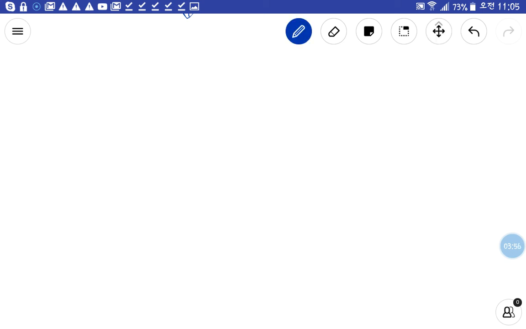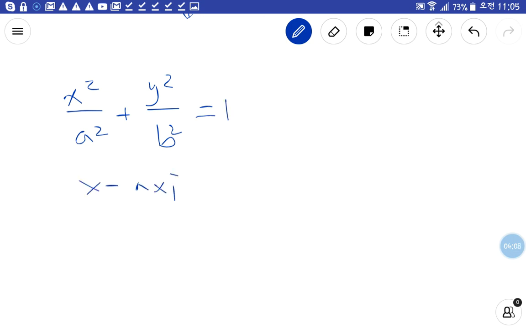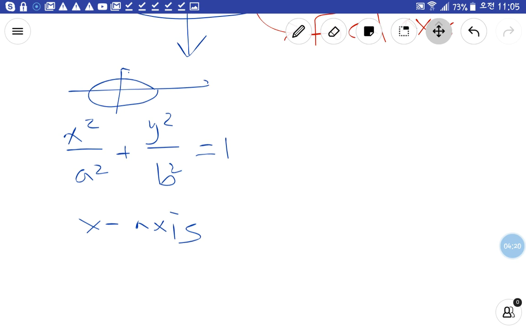The equation x squared over a squared plus y squared over b squared equals 1, that one we can say the focal axis is the x-axis, which I just showed you before. Briefly, your ellipse looks like this.